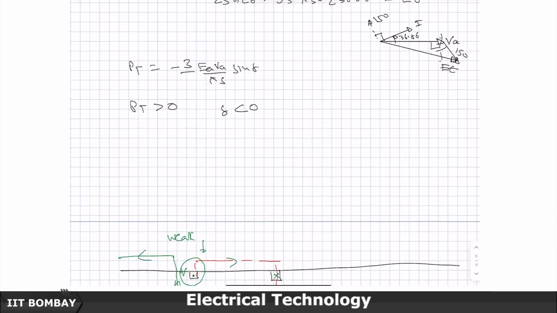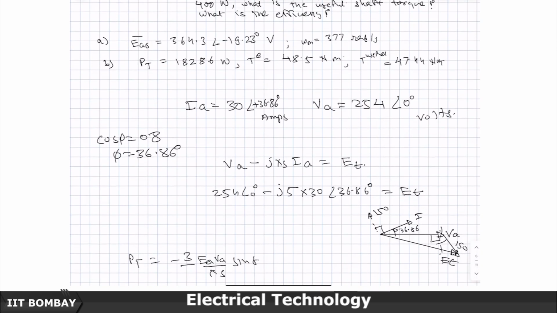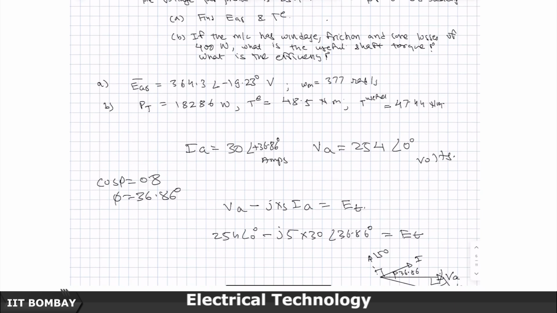So, what happens then? Out of this 18286 watts, 400 watts is gone. So, you have 17886 watts only available for doing useful work, and the machine is rotating. So, what is the useful shaft torque, what is the efficiency?